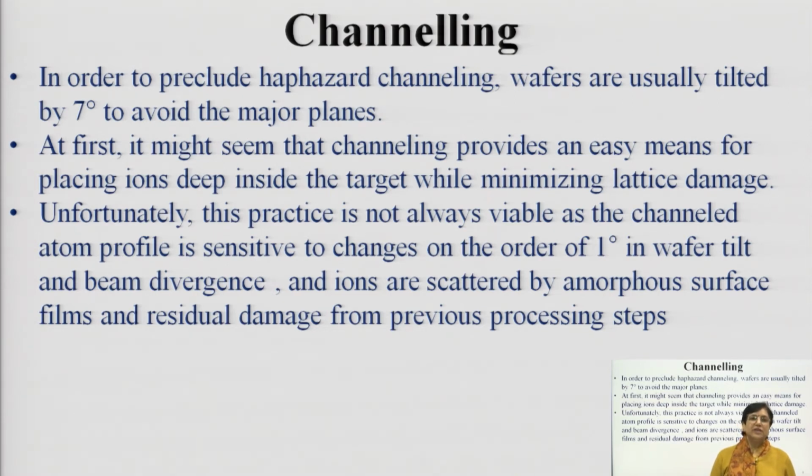Also, channeling is so sensitive that for every 1 degree tilt in the wafer the beam will diverge, the ions are scattered by the amorphous surface, and the residual damage from the previous processing step will totally change.